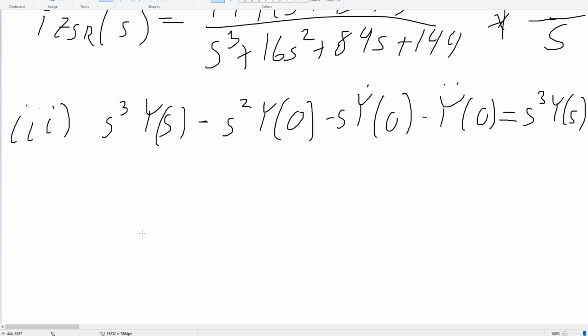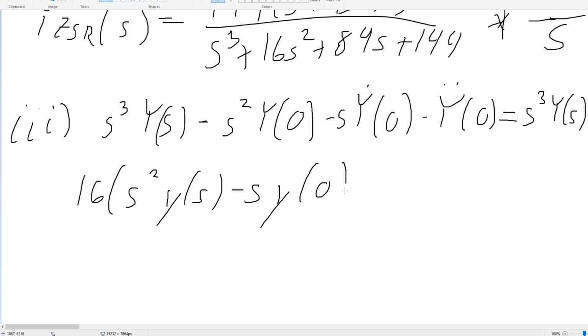So this is going to be 16 times s squared ys minus s y 0, minus y dot 0. Right, because the 16 is being multiplied by this whole thing.